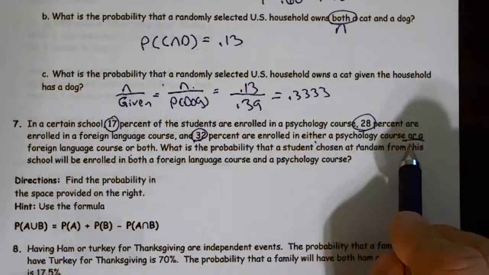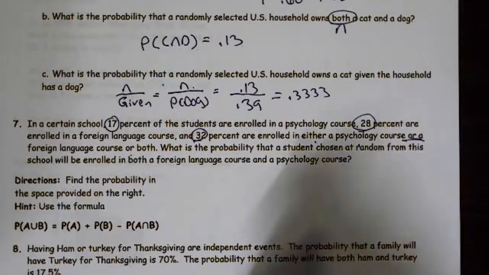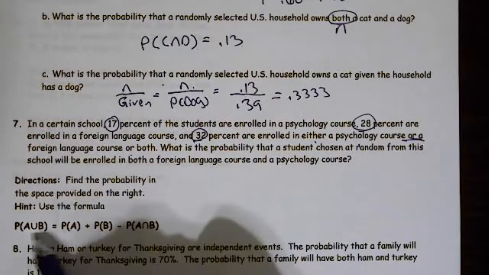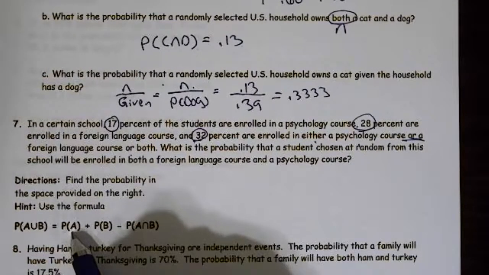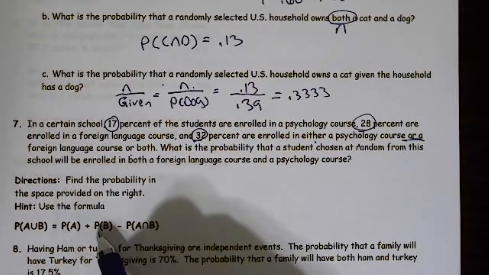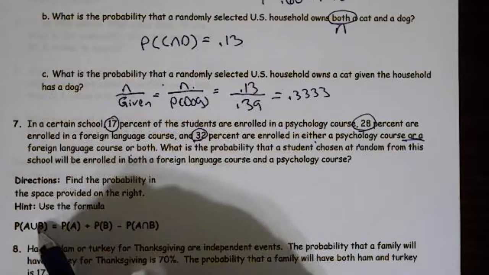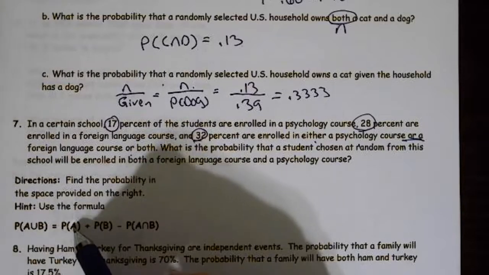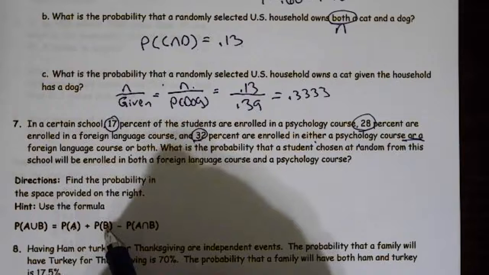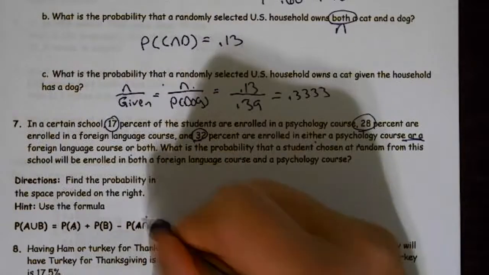But they say the word or, so they're telling me to use my general addition rule, which I've written here. Probability of A union B equals probability of A plus probability of B minus the intersection. Remember, or tells me that general addition rule. So they said they're in A, or they're in B, or they're in both. And remember, this symbol right here is my both.